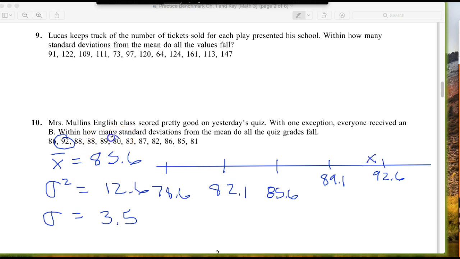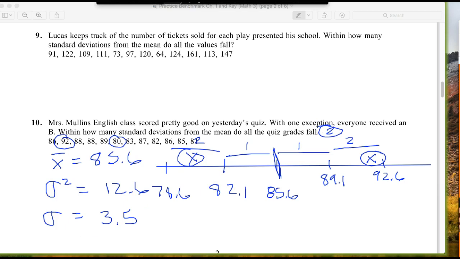And my lowest value was 80, which is going to fall in here. So I can see already without placing all the values that my highest and lowest values fall within one standard deviation, there's one, and here's the second standard deviation, there's two. So all my values are going to fall within 2 standard deviations again.